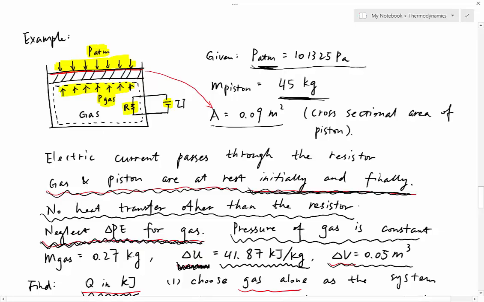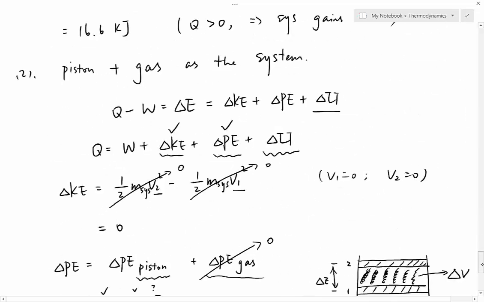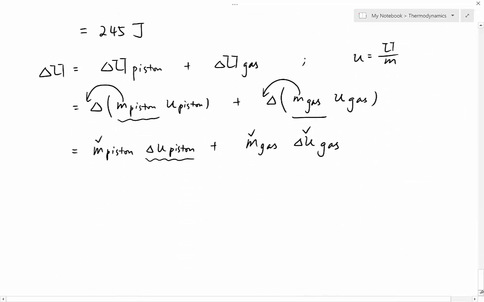No, the temperature of the piston doesn't change. And if the temperature of the piston doesn't change, does the internal energy change? No. So now we can go back to our equation and say the internal energy of the piston does not change. So delta U for the piston must be equal to 0. Okay, so that is the reason.